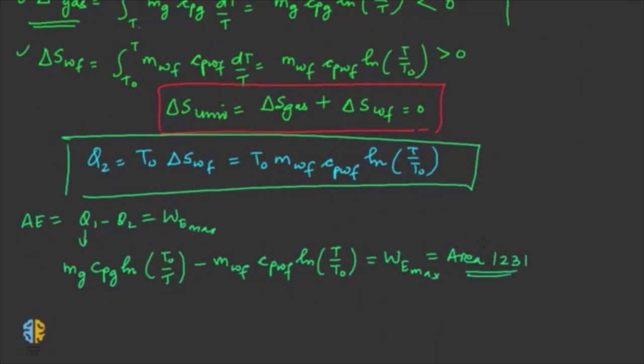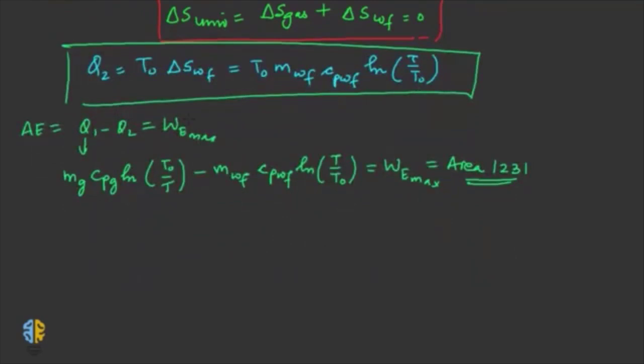Now therefore the available energy, and available energy is also known as exergy. Let me write down an alternative name for it. This is also known as exergy, E-X-E-R-G-Y.